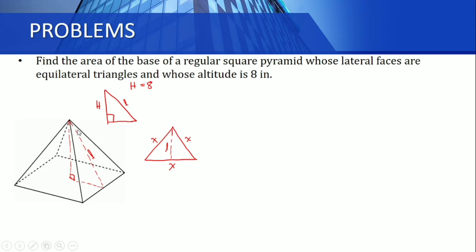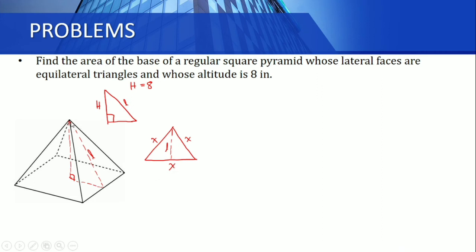Kapag nilabas natin yung isang side, ito yung magiging itsura niya. Equal lahat ng side ng triangle, so let's denote it as X. And yung height nito will be yung slant height ng ating pyramid. Pero ito yung magiging height ng ating triangle.